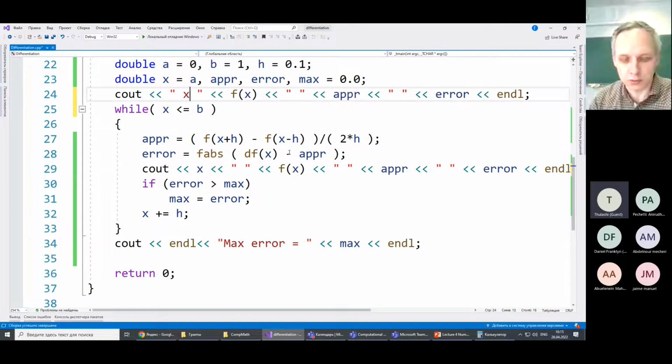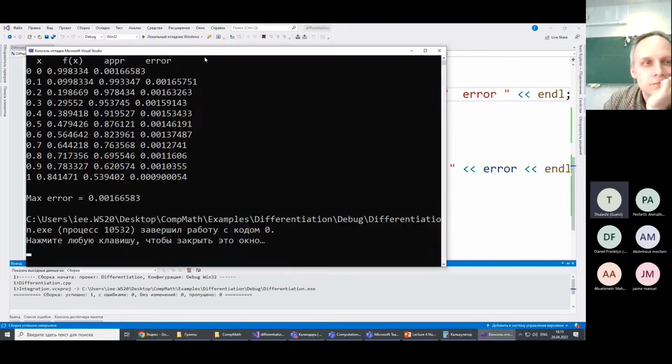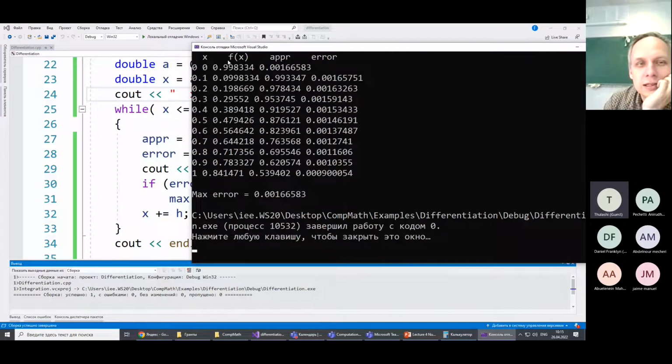The first column is x, the next column is f of x, then approximation, and the error. I'll put it on the screen as caption columns. Yes: x, f of x, approximation, and error.